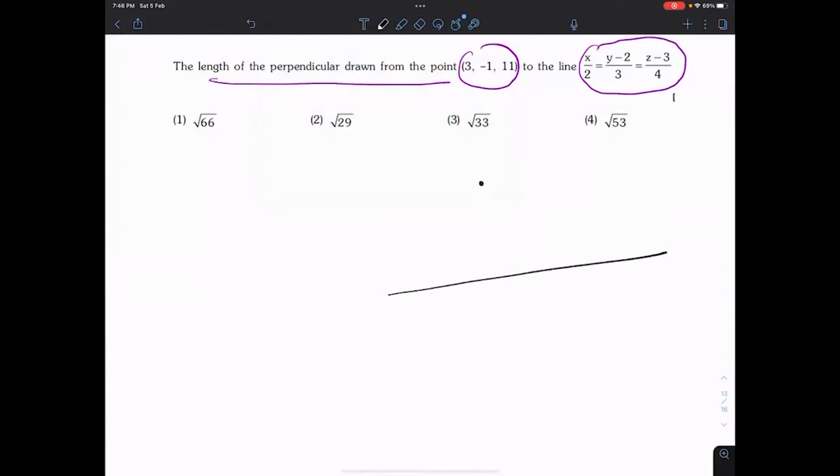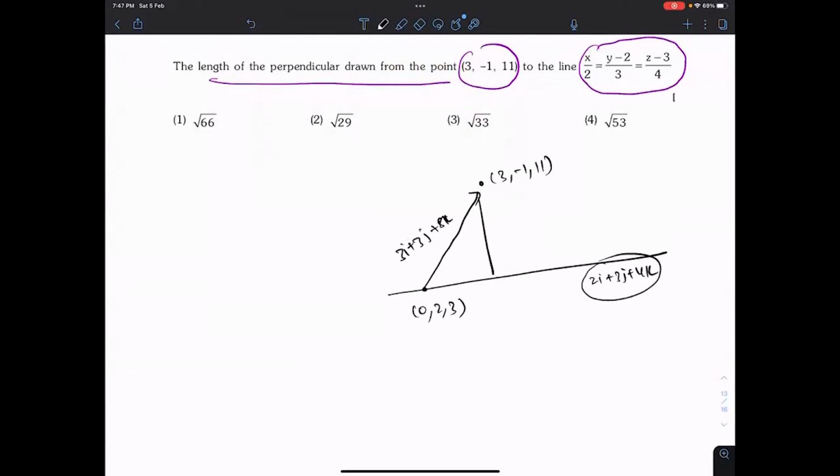Length of perpendicular from 3, minus 1, 11 onto this line. The point is 0, 2, 3, and the direction is 2i plus 3j plus 4k. Immediately draw this one vector, that is 3i plus 3j plus 8k. Now projection of this vector on this vector, that is this dot that cap.